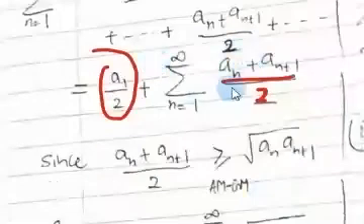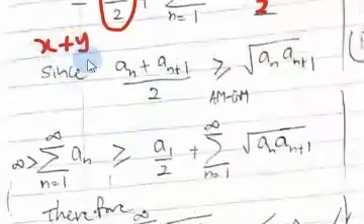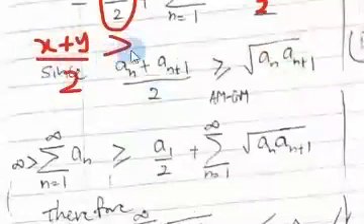So now if you have something like x plus y over 2, the average of these two numbers, then you can use the arithmetic and geometric mean inequality.